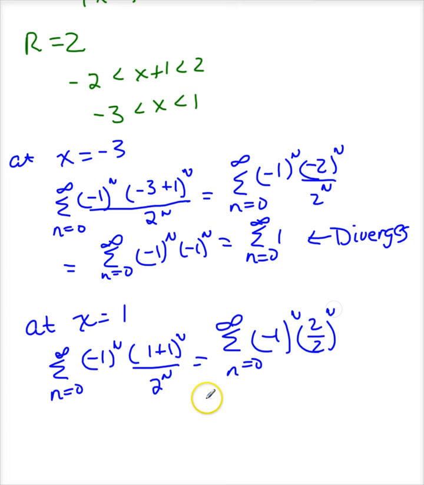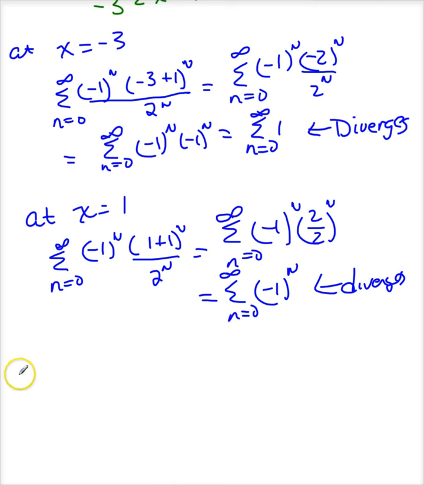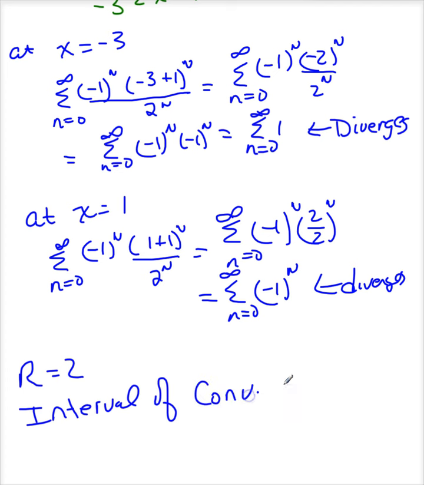I'm just rewriting this. So this is the sum as n goes from 0 to infinity of -1 to the n. This also diverges. So my radius of convergence in this case is 2, and my interval of convergence is from -3 to +1.